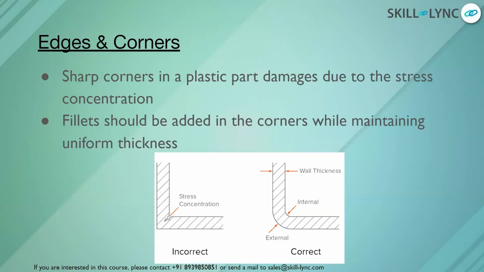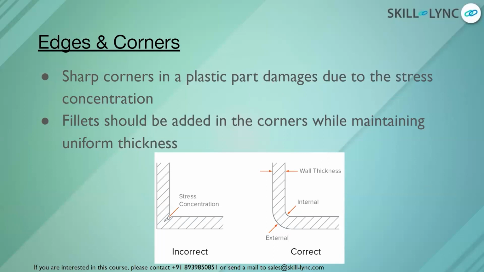Same thing goes for the adjacent corners. There should not be any sharp corners in plastic parts. This can increase the stress and damage the part. Okay, so make sure that fillets are applied on the corners, and this is also maintained by having a proper thickness.